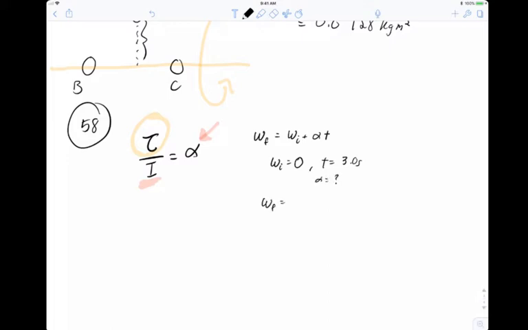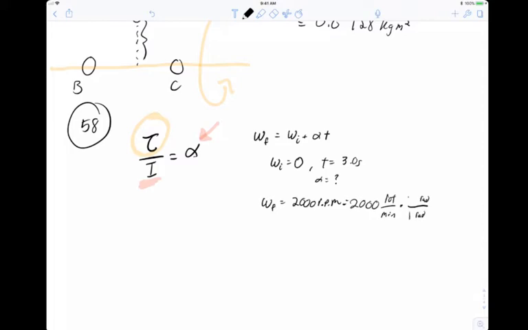Final is 2,000 rotations per minute, and I want to change this into radians per second.